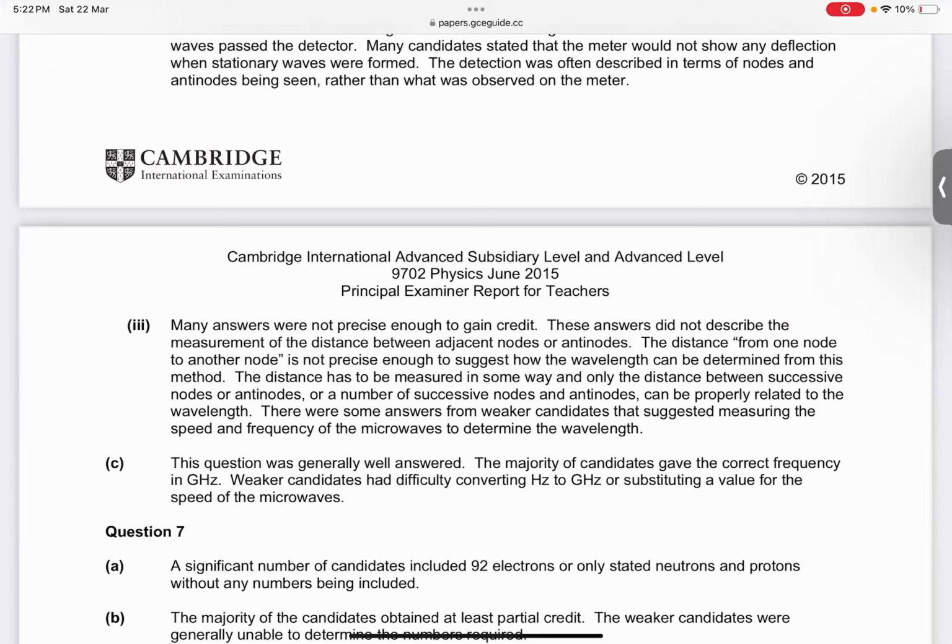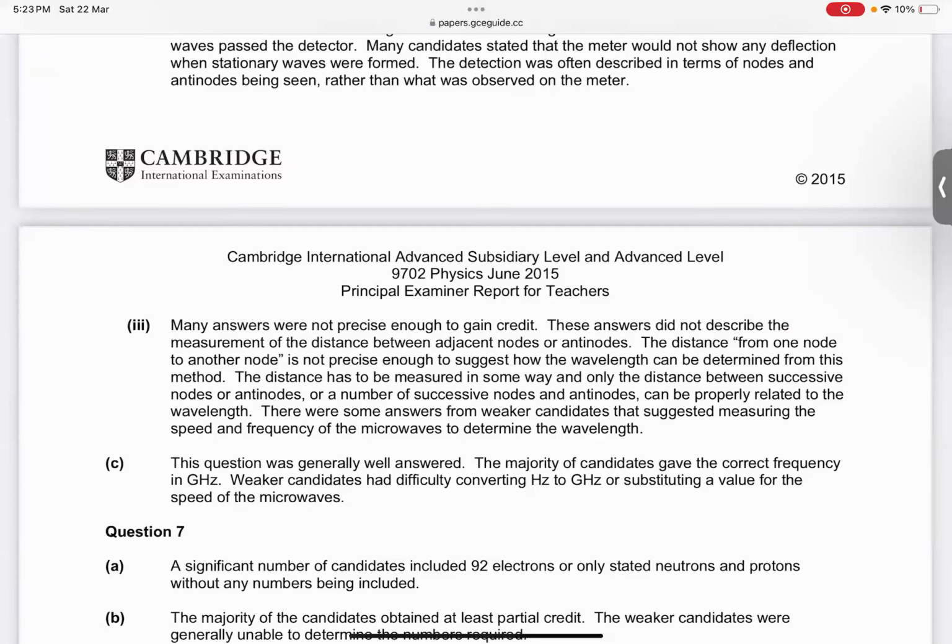The distance from one node to another node is not precise enough to suggest how the wavelength can be determined from this method. The distance to be measured is only the distance between successive nodes or antinodes, or a number of successive nodes and antinodes that can be properly related to the wavelength. So you have to relate it: add the factor of 2 if you are taking the distance between adjacent nodes, and if you are taking the distance between a node and an antinode, you have to times it by 4.